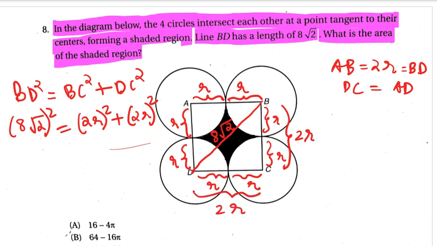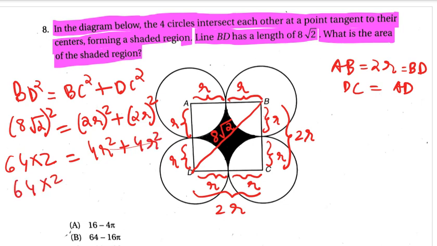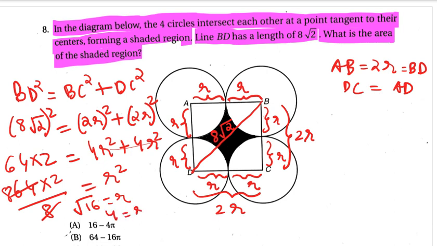So that is 8 8 is 64 into 2 is equal to 4R square plus 4R square. So that is 64 into 2 divided by 8 is equal to R square. So that is 8 8 is 64. So that is root over 16 is equal to R, hence 4 is equal to R.